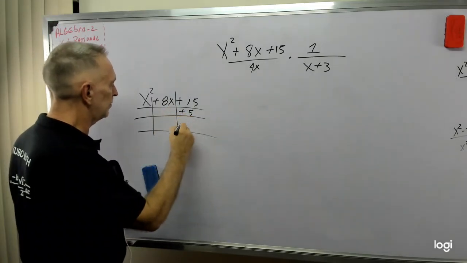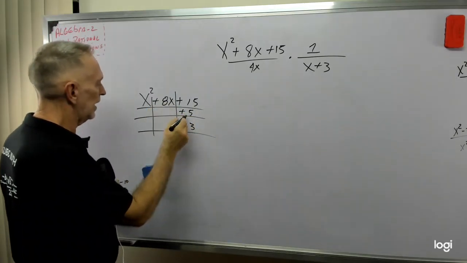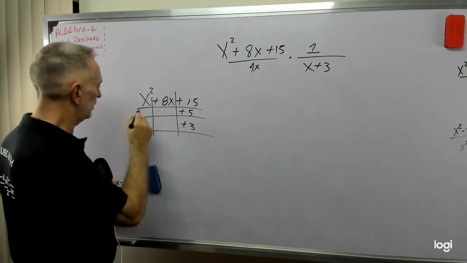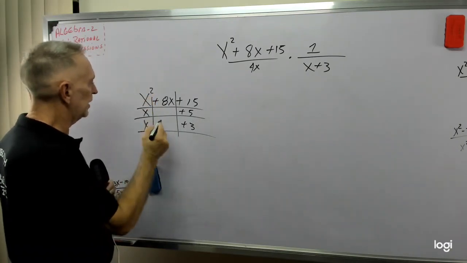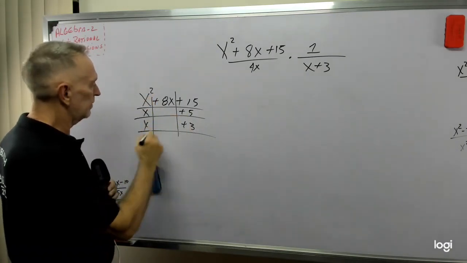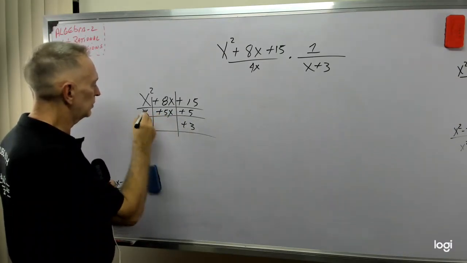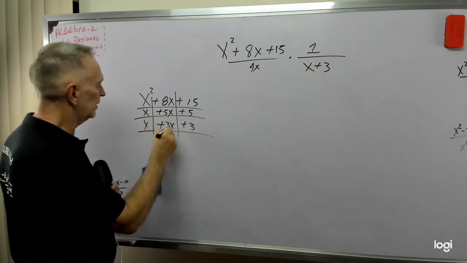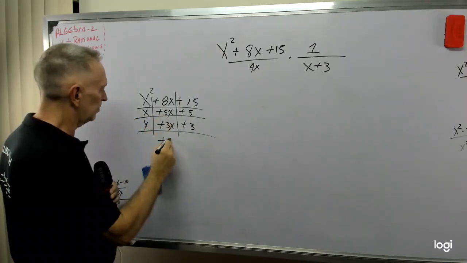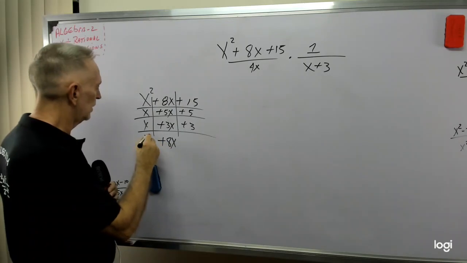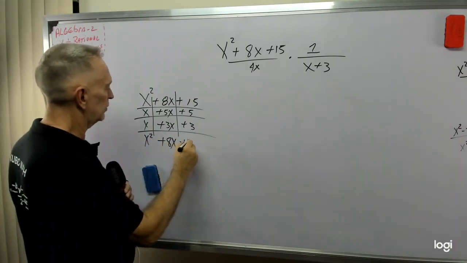Positive 5, positive 3. Add them together gives a positive 8. So x times x gives me x squared. Multiply the diagonals. Positive 5 times x, positive 5x. Positive 3 times x, positive 3x. Add those together, get a positive 8x, x squared plus 15.